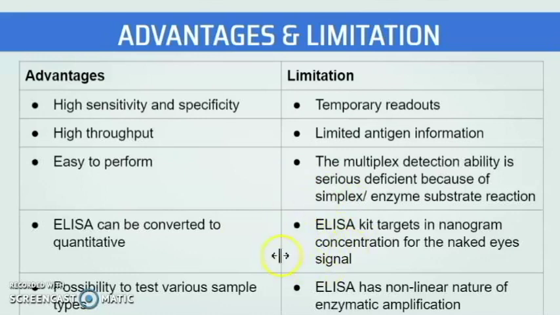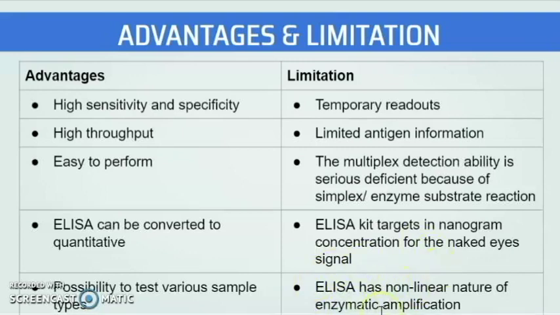Then we move on to the fourth limitation of ELISA. The commercial ELISA kits need target in nanogram concentration for the naked eye signal readout, but most diseases have very low concentration, which cannot be identified easily using the ELISA kit.